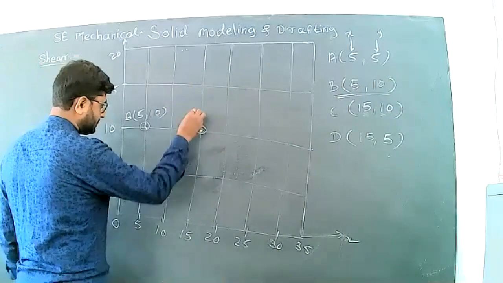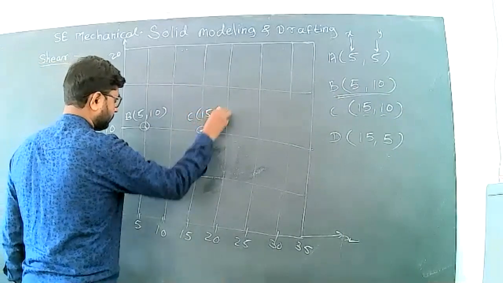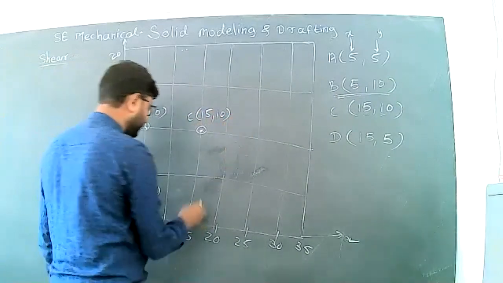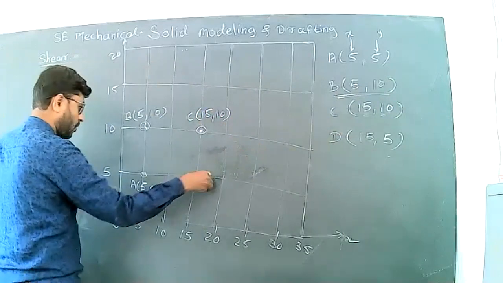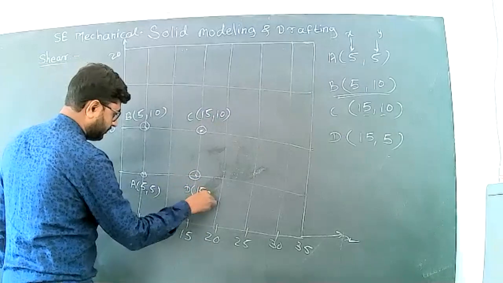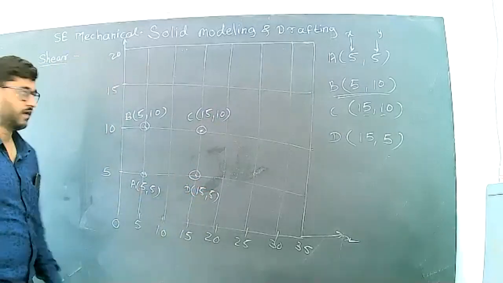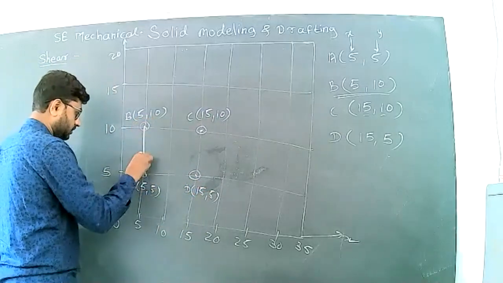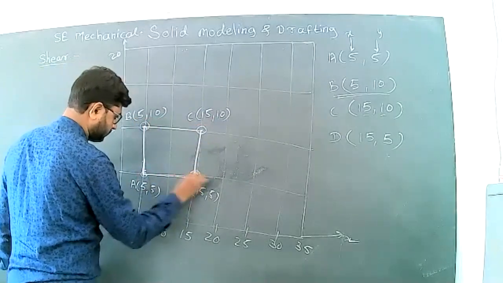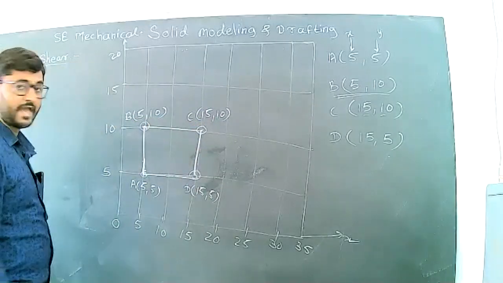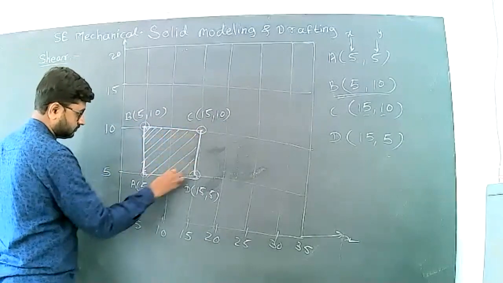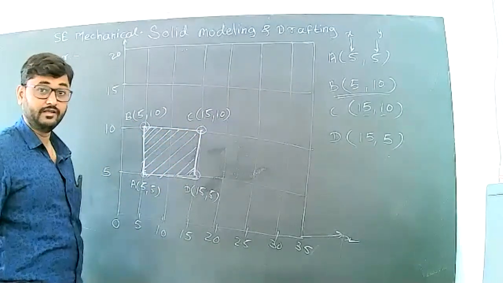D is (15, 5): x is 15, y is 5. We join these four points so that we get a rectangle, this rectangle ABCD.